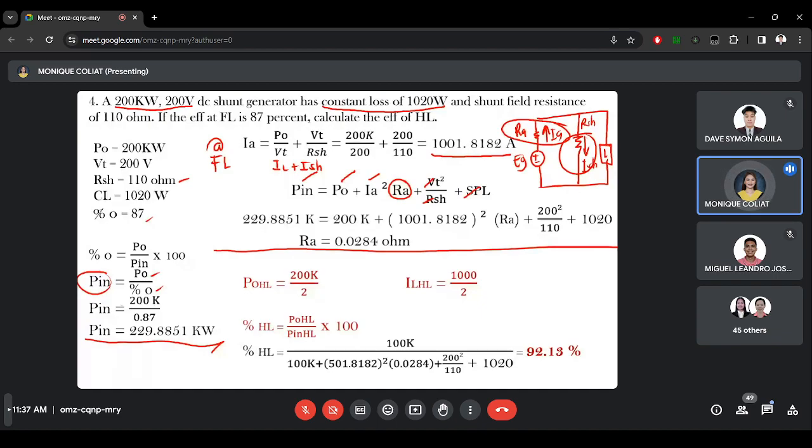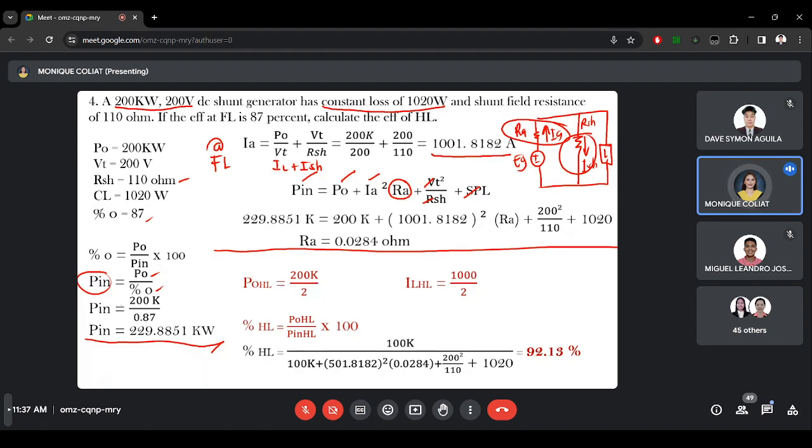So second condition, it says half load efficiency. Okay, so when we say half load, that means half or divide by 2. Ano yung i-divide mo sa 2? Half load. The word itself, load. Ano ba yung nasa part ng load? Diba? IL and PO. Pero yung VT, that is constant ha. Hindi mo siya i-half load, yung VT.